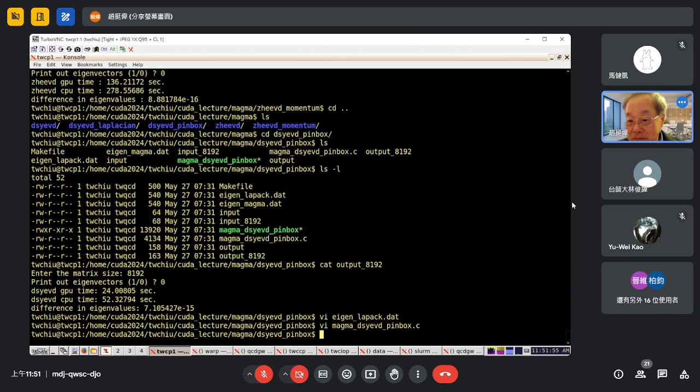Any questions? I think this library is quite essential for your research, for your thesis, because it is very tedious to write high performance and accurate eigensolvers.